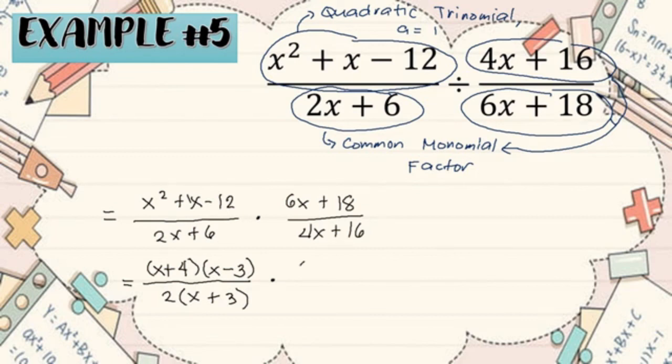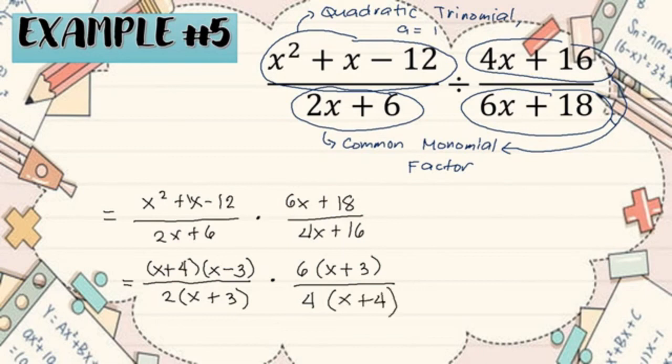So their common is 6. 6x plus 18 divided by 6, that's x plus 3. And in the denominator, their common is 4. So 4x divided by 4 is x. Copy plus. 16 divided by 4 is 4.